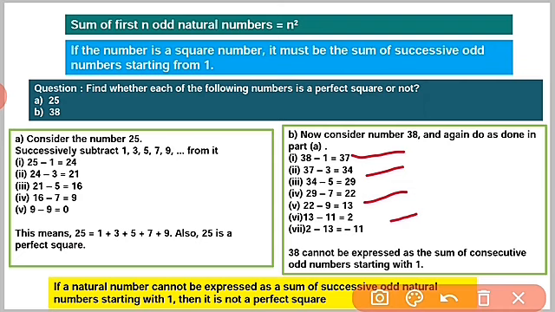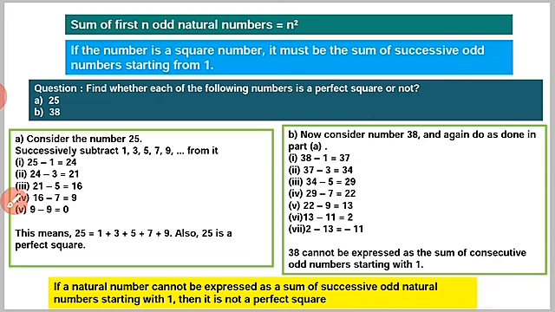And again subtracting next odd number from 2, we get minus 11, which is not equal to 0. So we are not getting 0. Hence 38 cannot be expressed as sum of 1, 3, 5, 7, 9, 11, 13. Therefore this is not a perfect square.